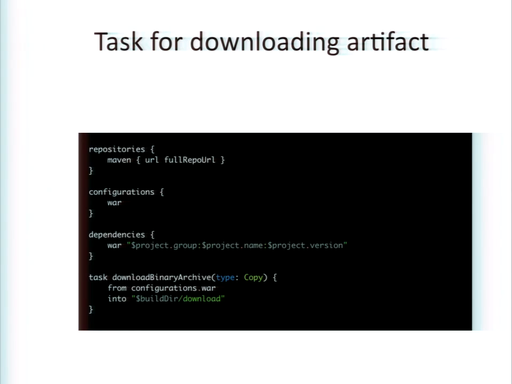So we copy from this war configuration. That's a named class path. Think of it as a named class path that holds this war. And we just can give that to any copy task as the source. So we can not only copy from file system locations, but we can also copy from binary repository locations, just as easy. And we copy that war from Artifactory into a directory called download.